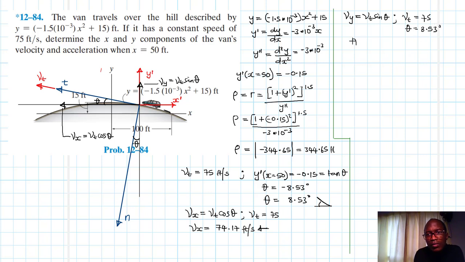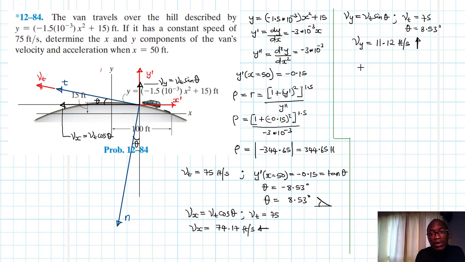Therefore our Vy is just going to be equal to 75 sine 8.53, and this we get 11.12 feet per second, and this one is going up. Right, so we are done with the components of velocity.